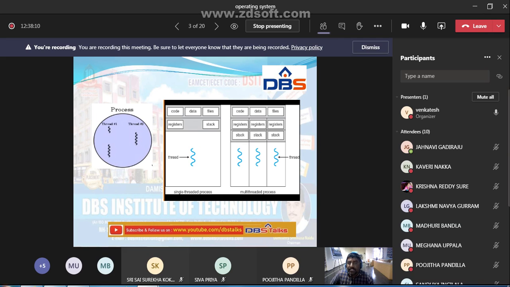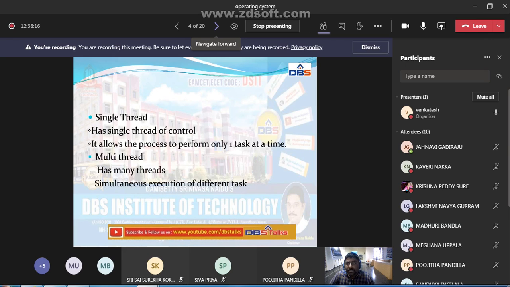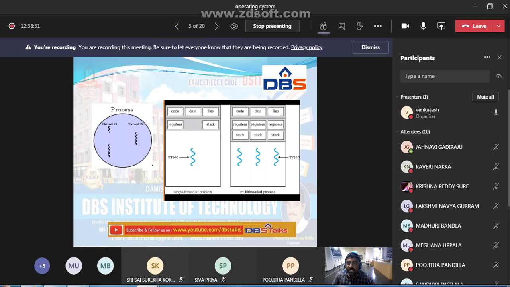So this is the representation of single threaded and multi-threaded processes. There are two types of threads: single thread and multi-thread. The major purpose of a single thread is that it has a single thread of control. Here we have only one thread.